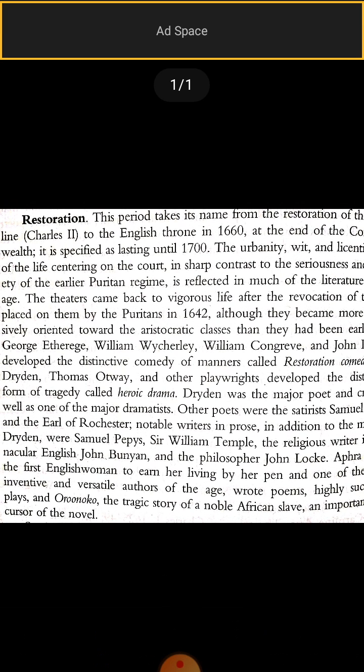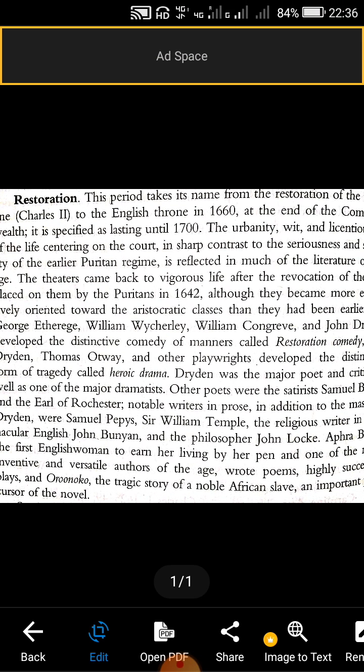Periods of English literature begin with the Anglo-Saxon period, or Old English period we can call.